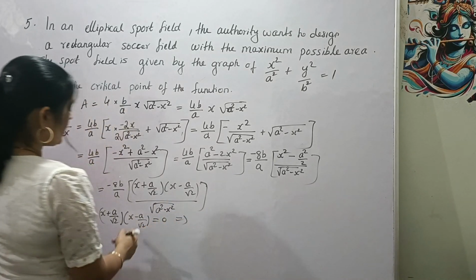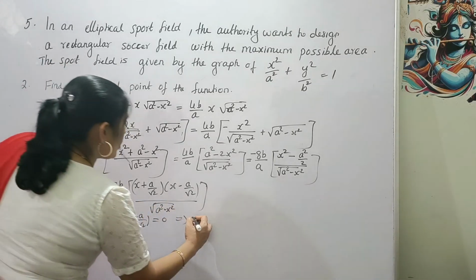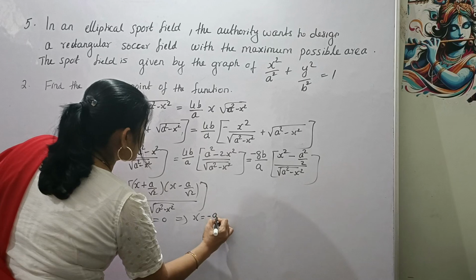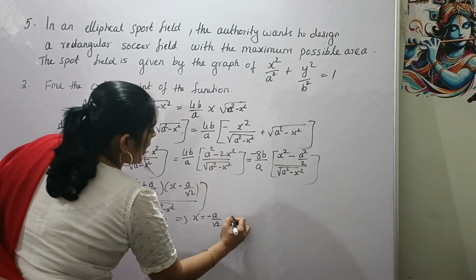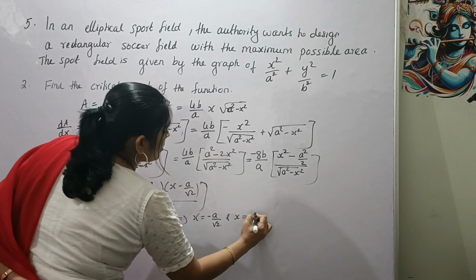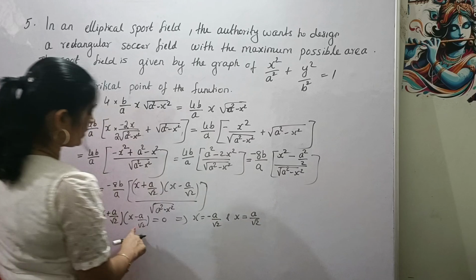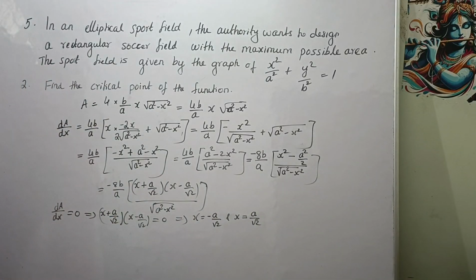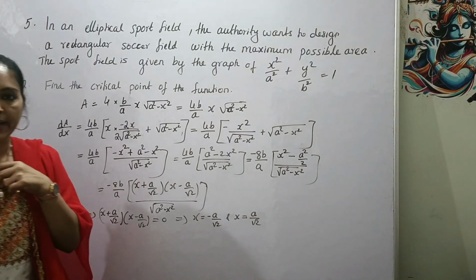That implies we will get x is equal to minus a by root 2 and x is equal to plus a by root 2, right? See, x is nothing but its length, right?